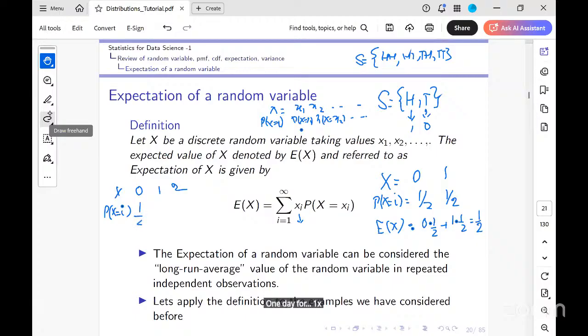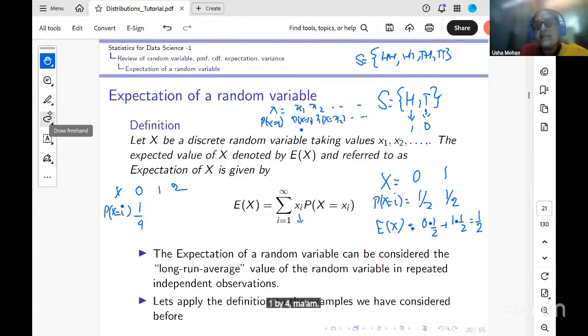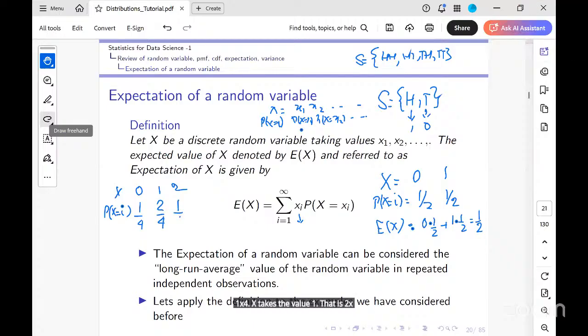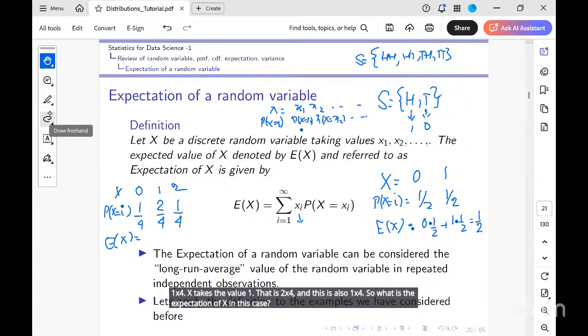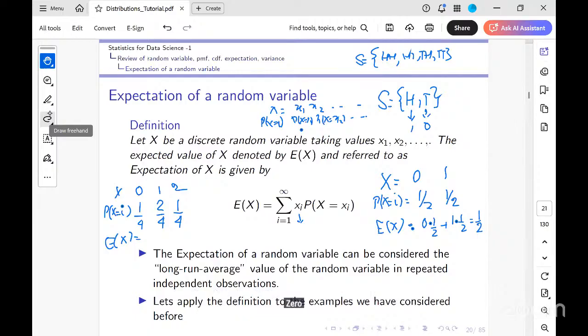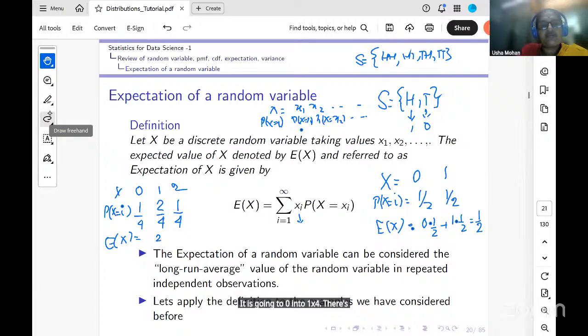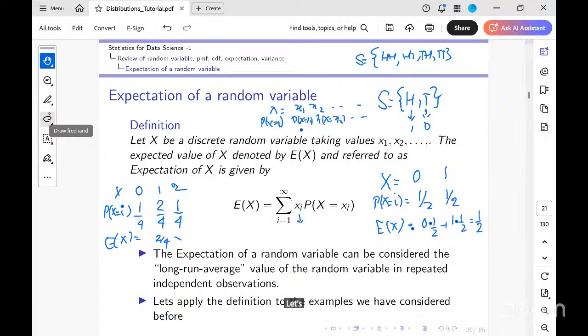X takes the value 1 with probability 2 by 4, and the value 2 with probability 1 by 4. So what is the expectation of X in this case? It is 0 into 1 by 4 plus 1 into 2 by 4 plus 2 into 1 by 4. It is equal to 1.